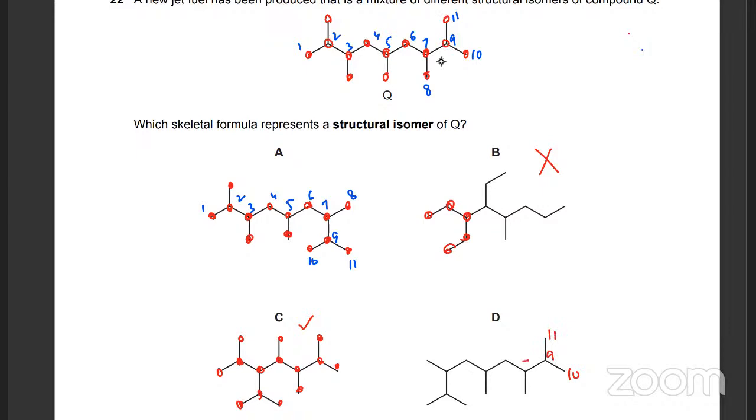You got 7 and 8, and then you have 6, 5, 4, and 3. So up till 3, everything matches, right? At 3, you have a single branch, so you have a single branch over here as well. And at the same 3, you have these 2 branches, you also have 2 branches on this 3 as well. So these 2 are exactly the same. So the answer for this one is going to be C.